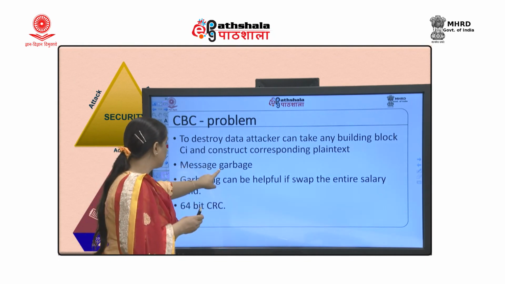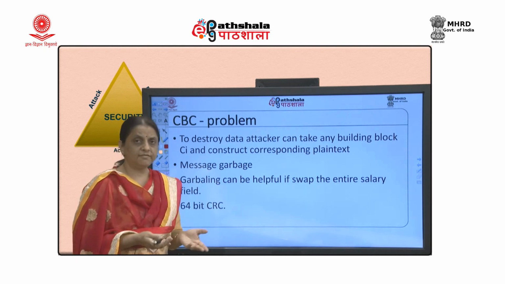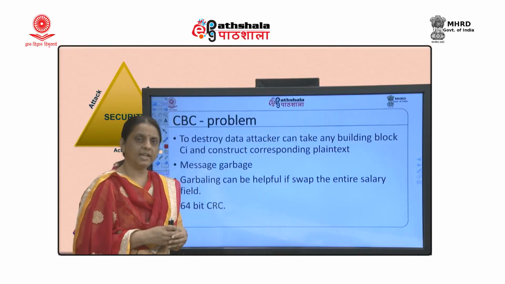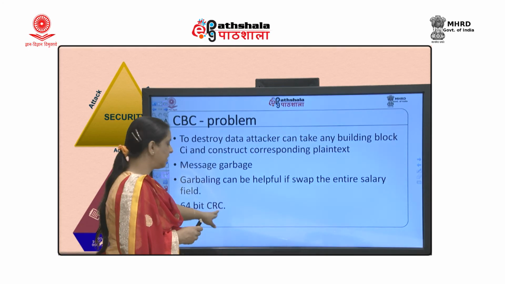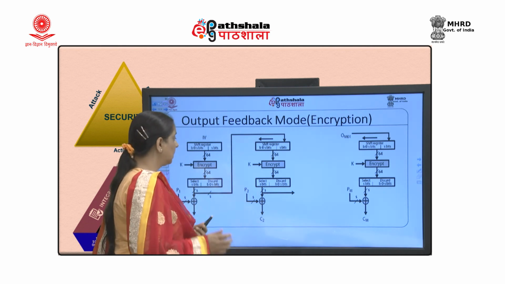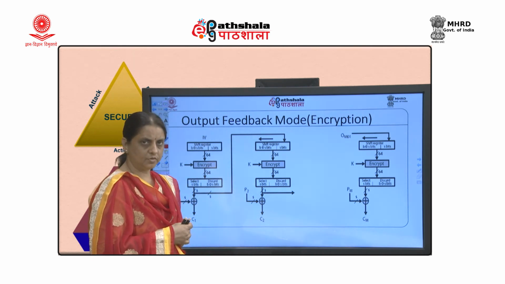He would generate a message that is garbled. The garbling would be helpful if the whole salary field has been changed. So, for the check on the salary field, generate a 64-bit CRC. So, we have problems with CBC, cipher block chaining, as well.